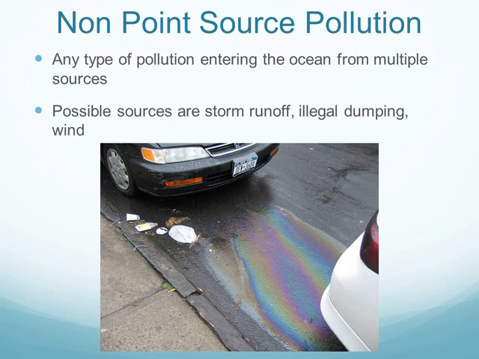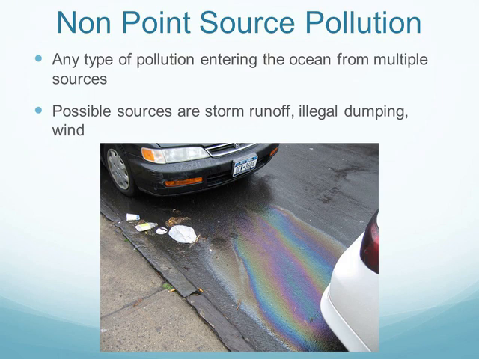And you could have multiple sources of this oil coming from all different sorts of cars around the city. Imagine all the cars leaking just a little bit of oil while they're sitting there, and all of that oil gets into the ocean. Well, now we just polluted the nearby ocean, right? Same thing with that trash. If we have a big rainstorm and that trash gets swept up and goes into the ocean, we don't know exactly where it came from. Looks like there's a water bottle and maybe a paper plate.